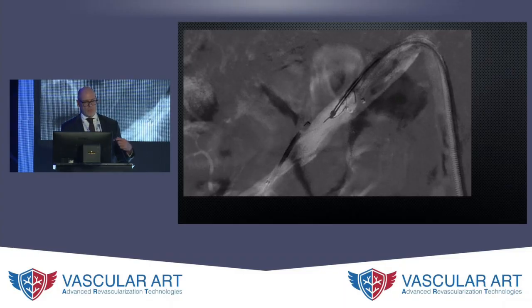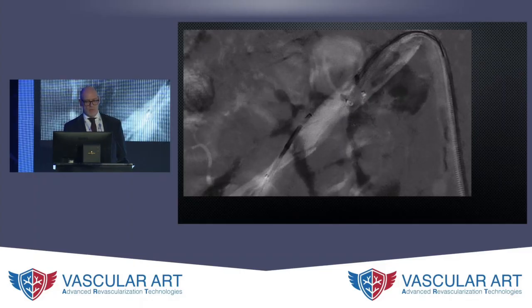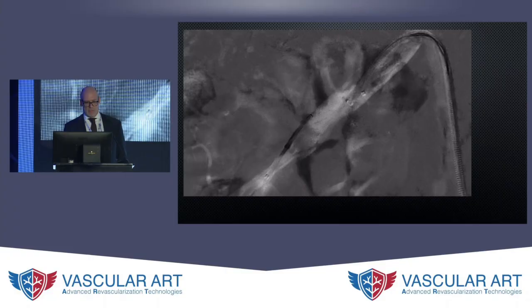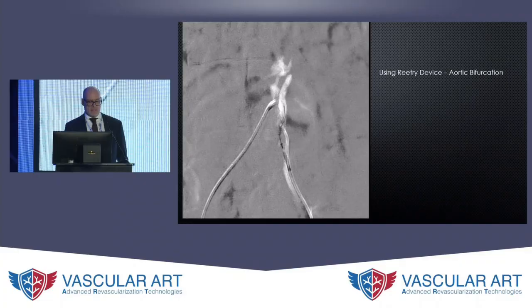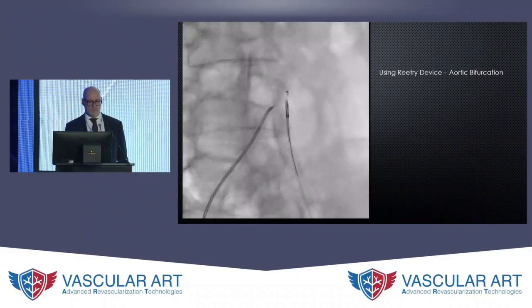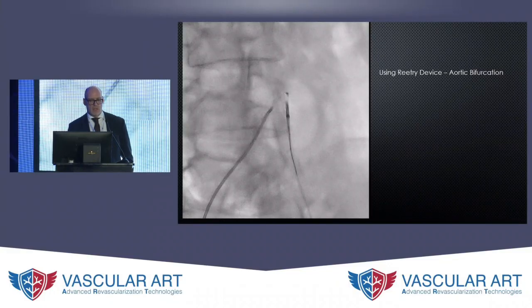And then we have a through and through wire and can go further in our next steps to rebuild a new bifurcation in the AIOD lesions. Another option is using the re-entry needle system in the aortic bifurcation, placed in the area of the dissection, and then it was possible to go with the needle system through the dissection and place the wire in the aorta.